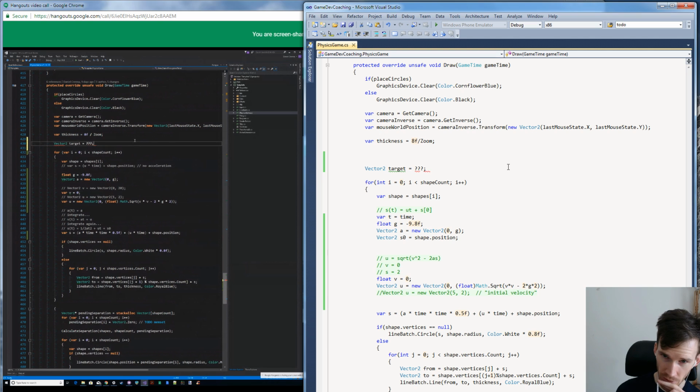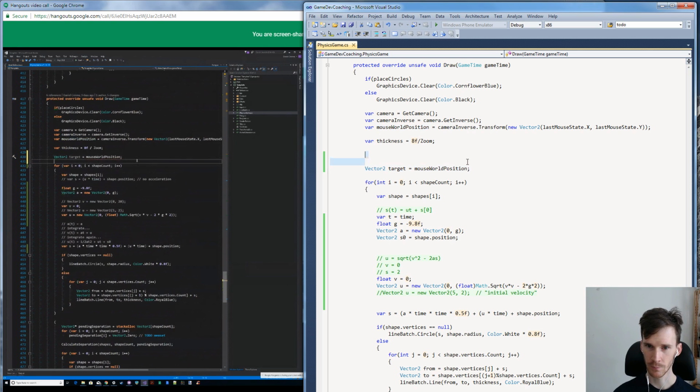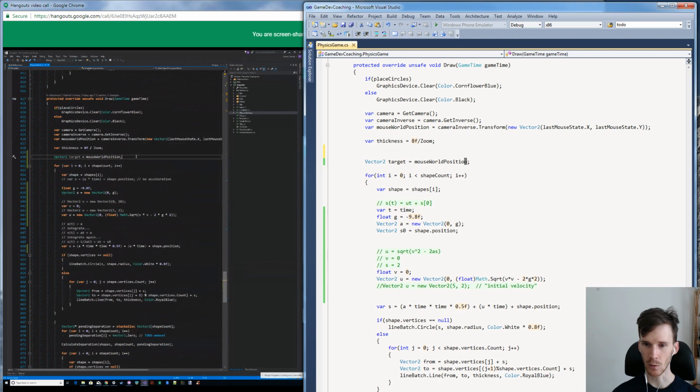And I don't think we actually have to do anything for this because we already have it. It's just going to be mouse world position. I think that's right. I think that's all we have to do. So let's do that.